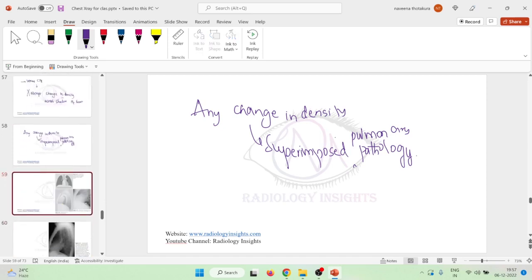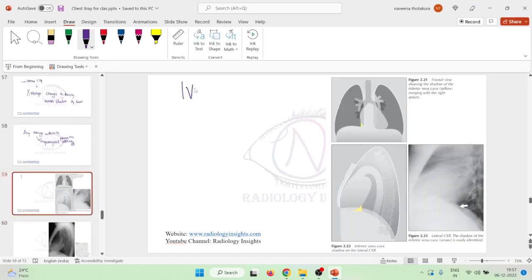Now, you see here, we can see the inferior vena cava. This is the inferior vena cava here in the lateral X-ray.